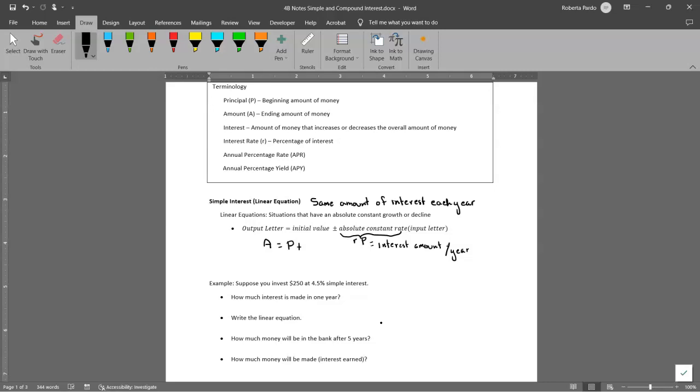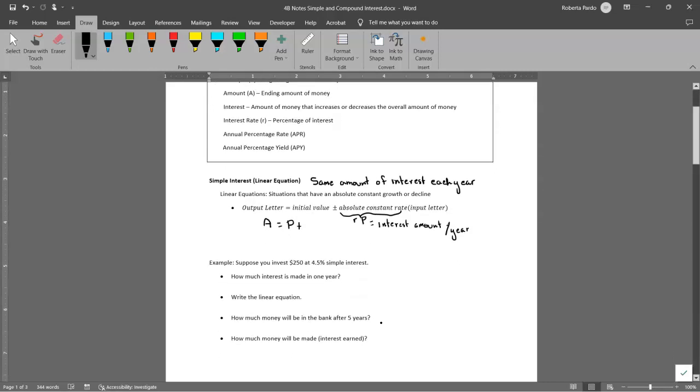So let's break this down by looking at an example. Suppose you invest $250 at 4.5% simple interest. That's telling you that this is a simple interest problem. How much interest is made in 1 year?